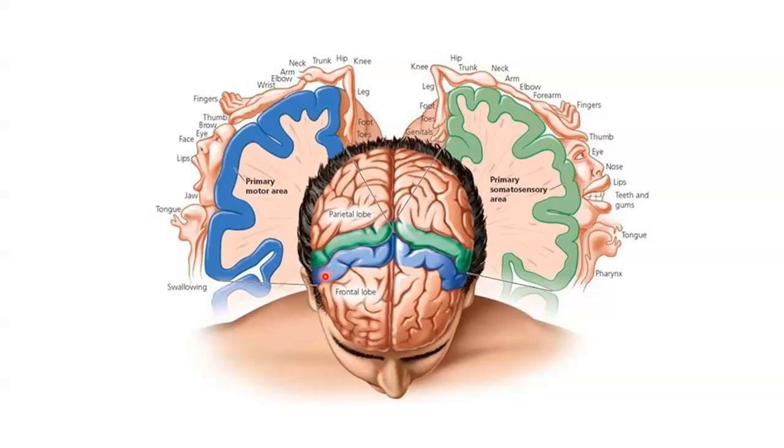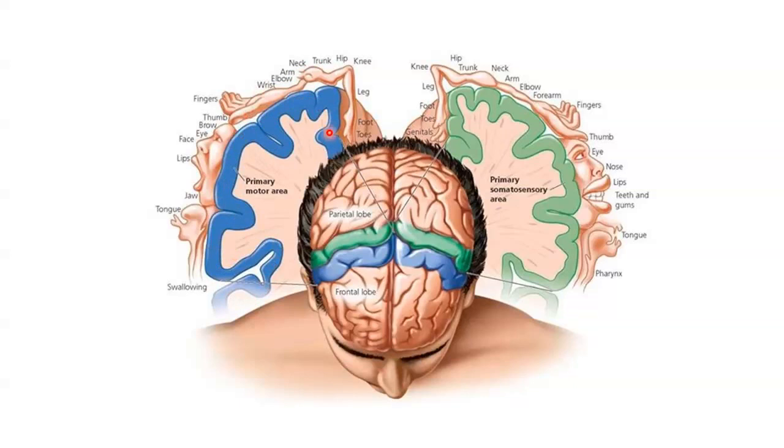This section is known as the primary motor cortex, also called the primary motor area or the M1. Now, in the primary motor area or cortex is a map of the entire body. So you can see that represented here. This is showing one hemisphere, so relating to one side of the body or movement to one side of the body.